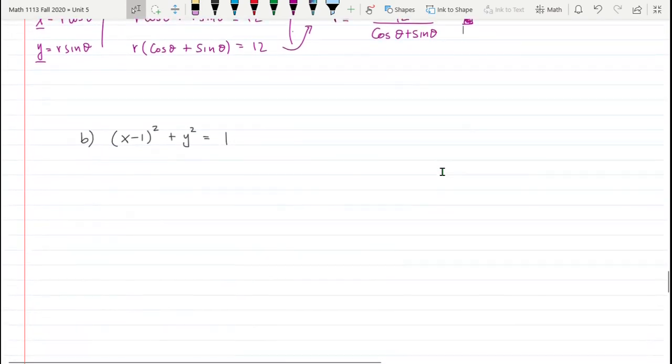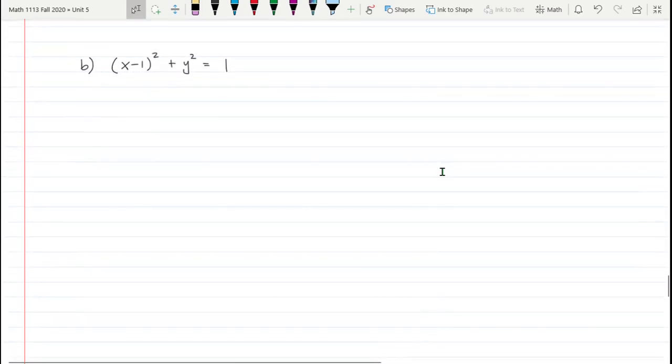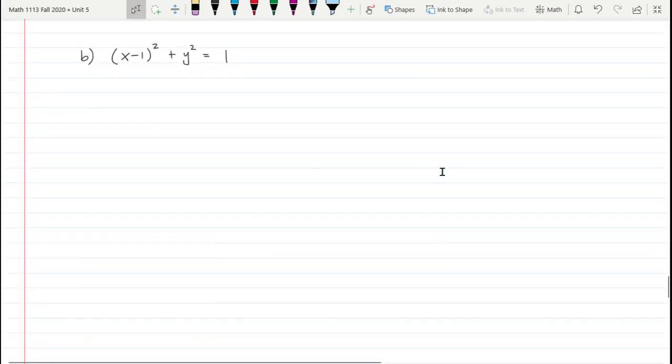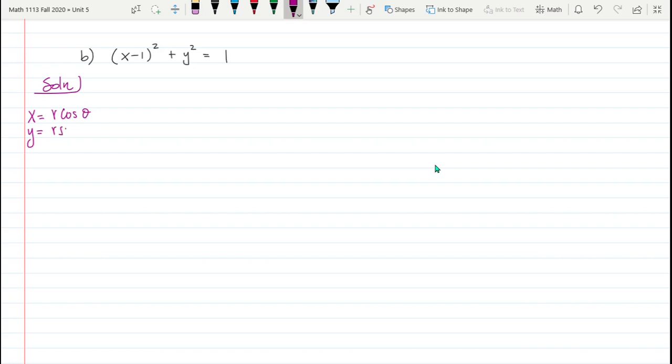Now let's work on problem B. This one's going to be a little more intricate. Again, I'm going to write out the two definitions that we'll use. x is equal to r times cosine theta, and y is equal to r sine theta for sure.